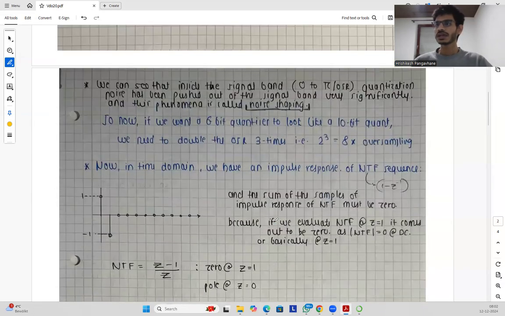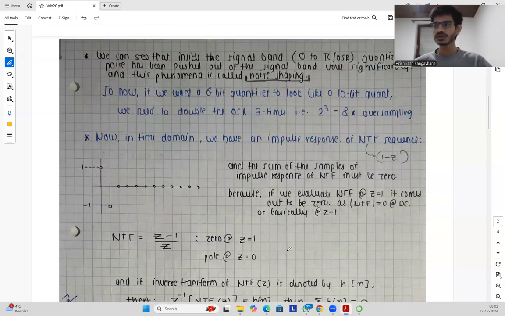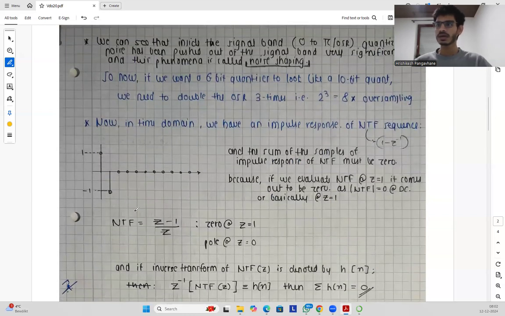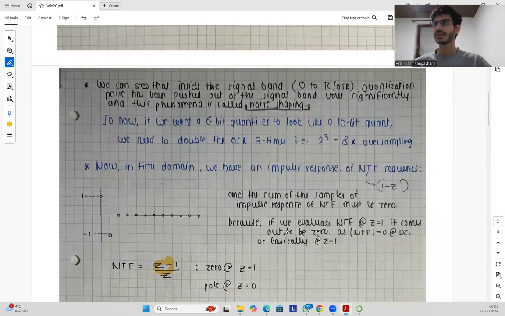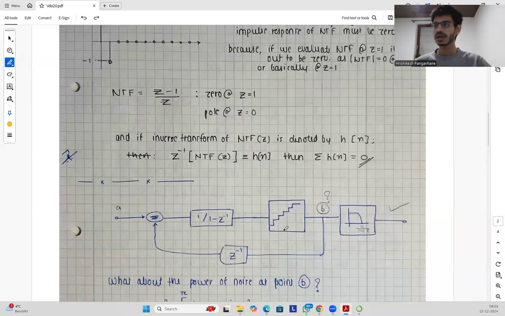We also looked at the impulse response, and we saw that for the NTF, the zero is at z equals 1 and the pole is at z equals 0 based on this transfer function. Basically, we saw the phenomenon of noise shaping.